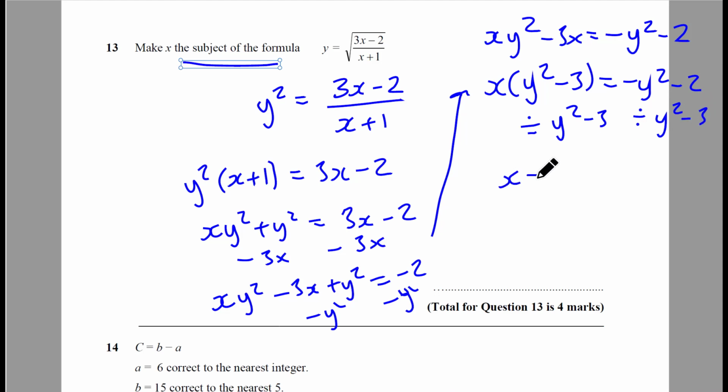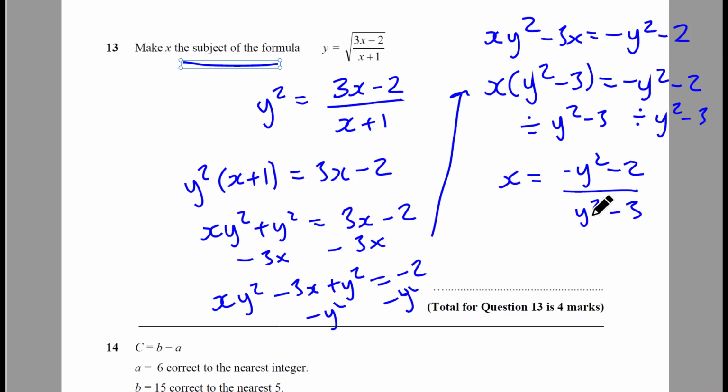So you can get x equals minus y squared minus 2 divided by y squared minus 3, and that's perfectly acceptable, and that will get you your full marks.